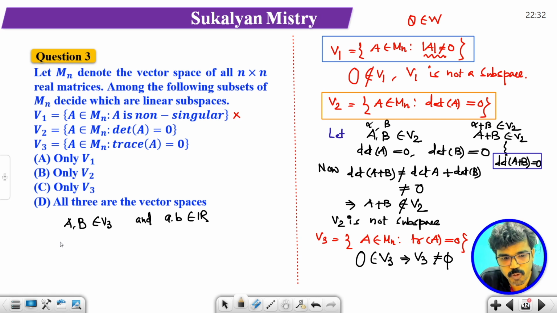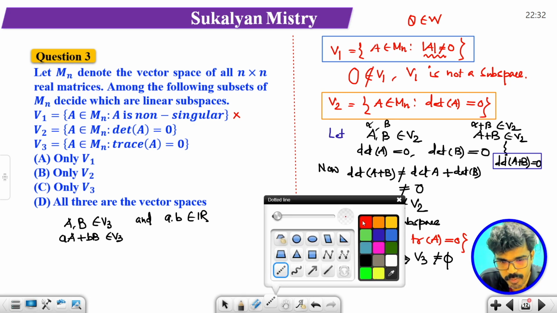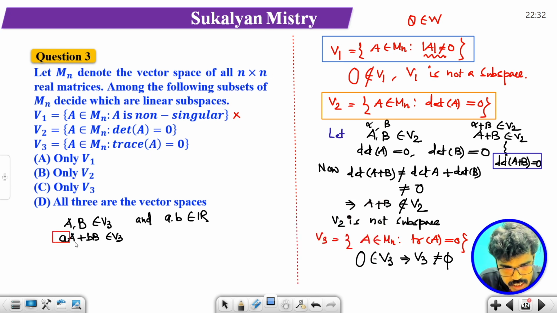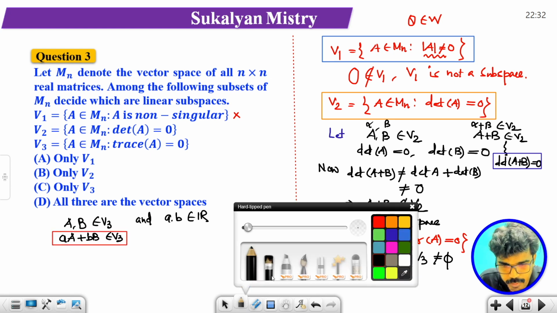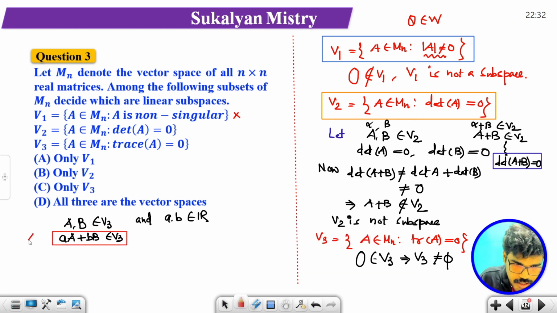Our target is to prove that A alpha plus B beta belongs to v3. This is our aim.